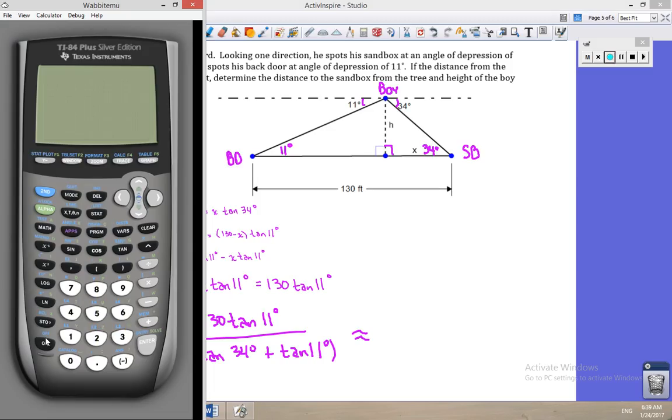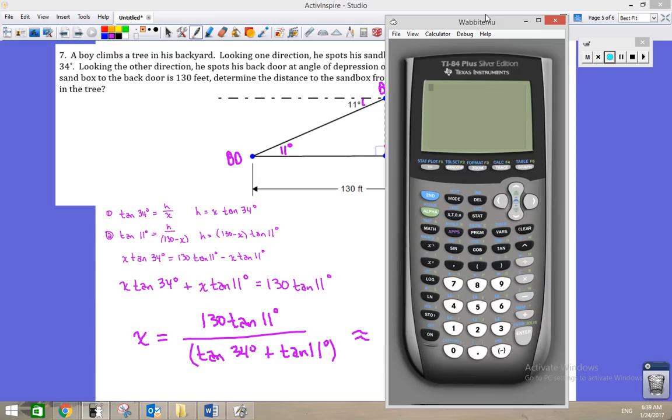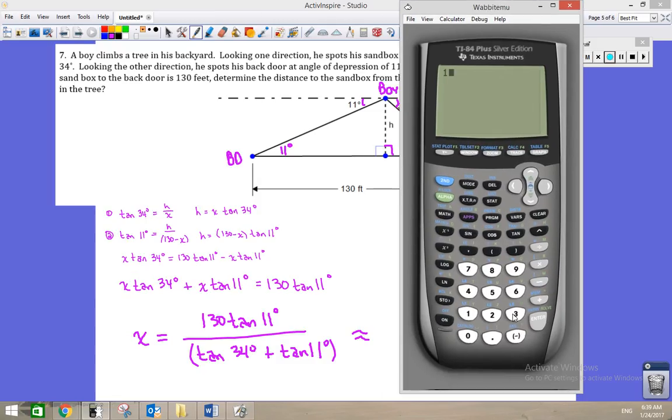So we're ready to plug in both numbers in the calculator. We've got 130 times the tangent of 11 divided by the tangent of 34 plus the tangent of 11.